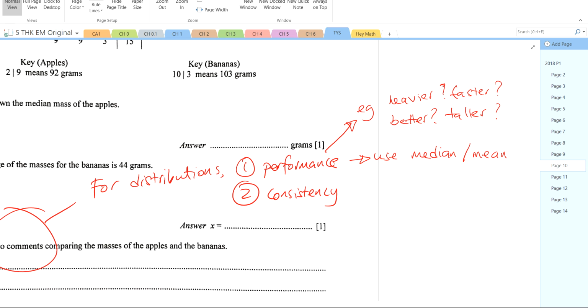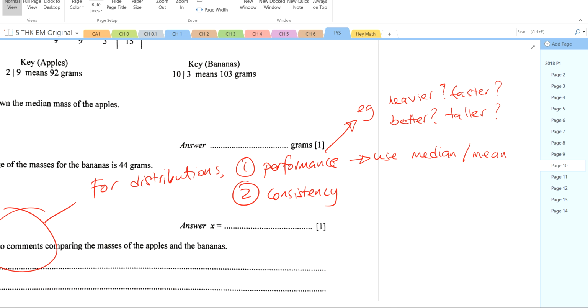First choice is always the median, because median will be able to remove the outlier values. So if I talk about test results, the higher the better, right? So we are able to tell which class has a higher performance. The higher the median, the better it is.